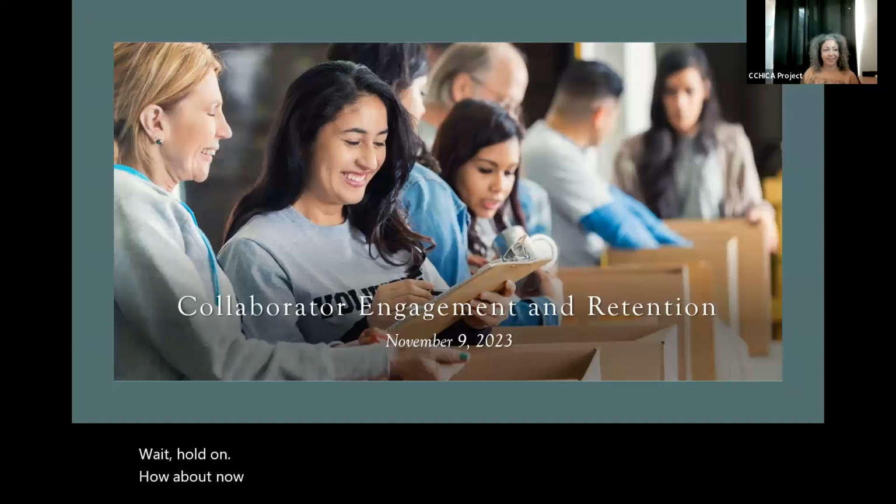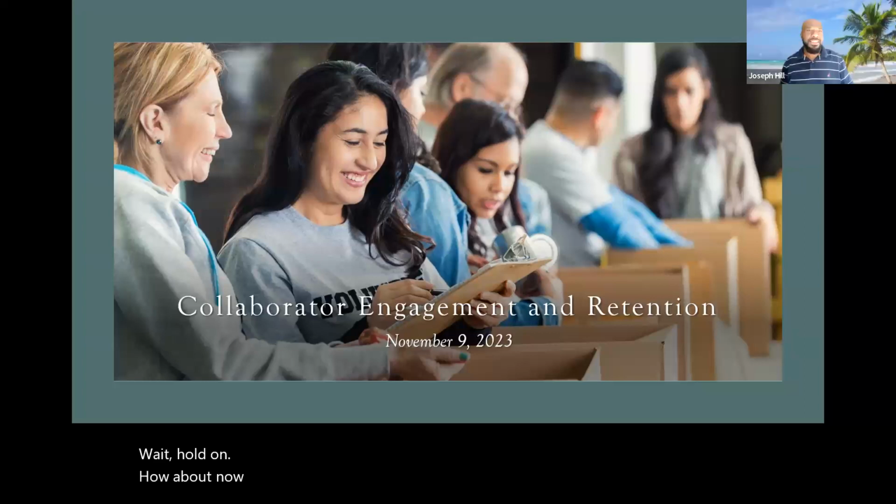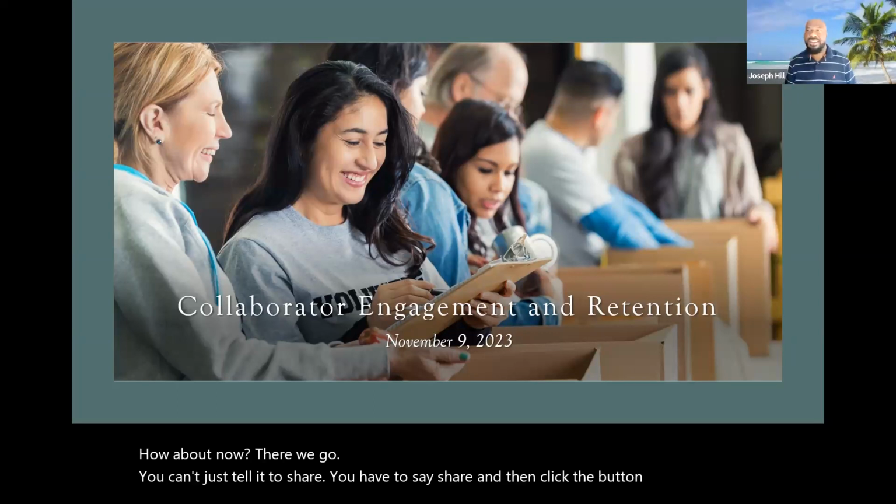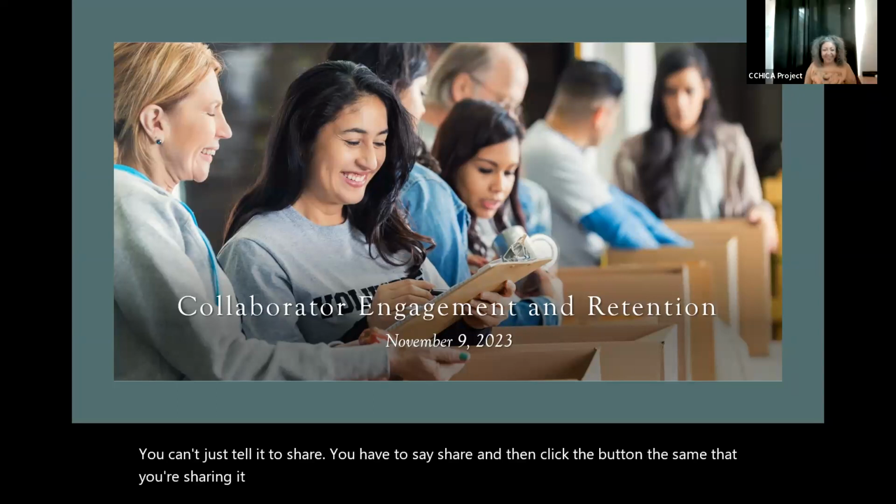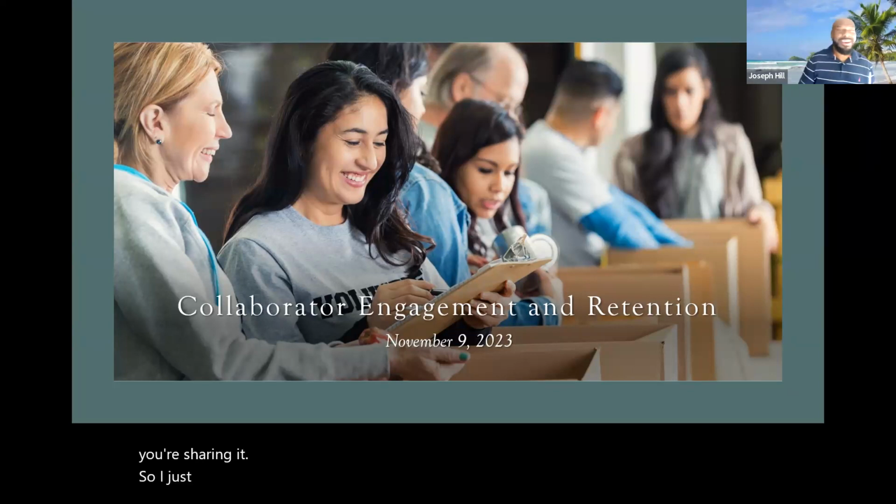It's telling me on my end that it's working, but I do have that uber slow internet. Oh, wait, hold on. How about now? There we go. Yes. See, you can't just tell it to share. You have to say share and then click the button to say that you're sharing it. I just wanted to will it with my charm and good wit.